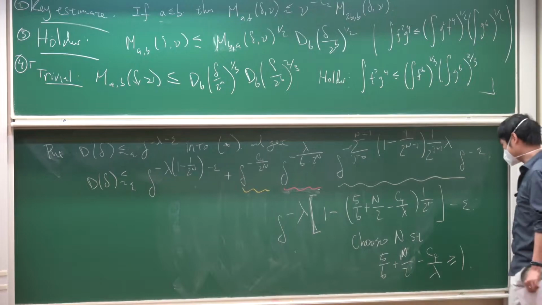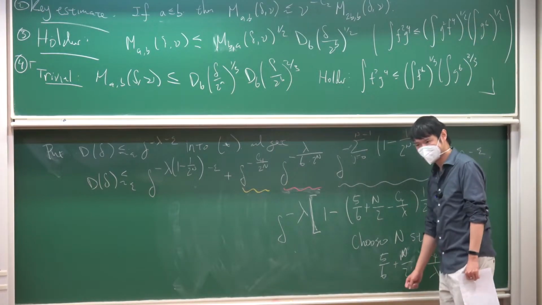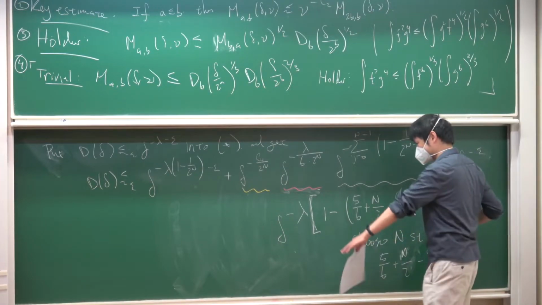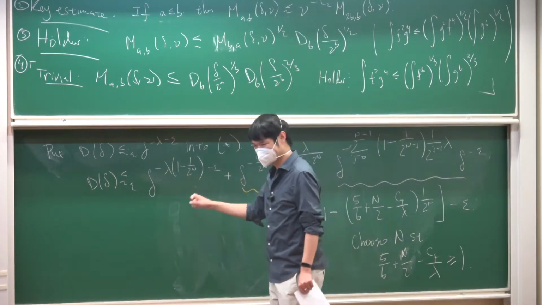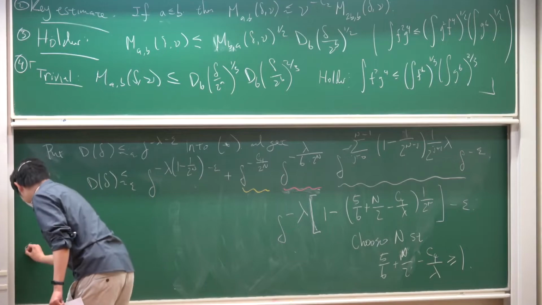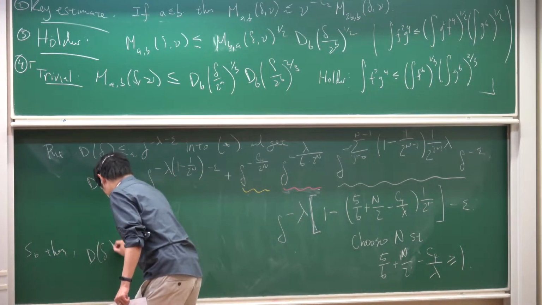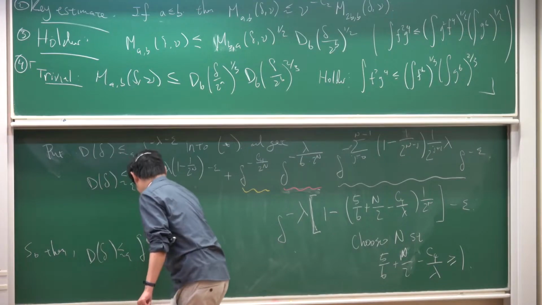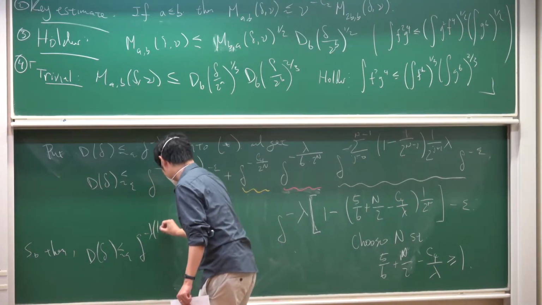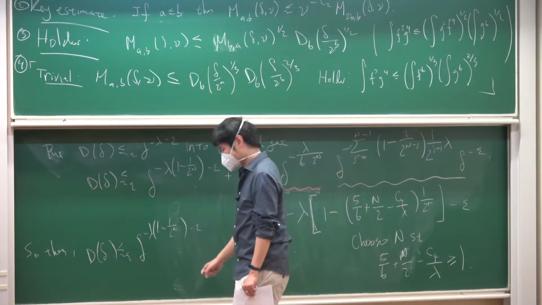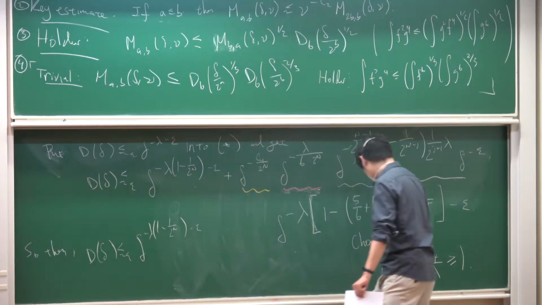Because if it's at least 1, let's say it's at least 10, and this is basically like 10. And so that means this term is actually bounded by this term. Because then d of delta is bounded by delta to the minus 1 lambda 1 over 2 to the n minus epsilon, where n is this n.